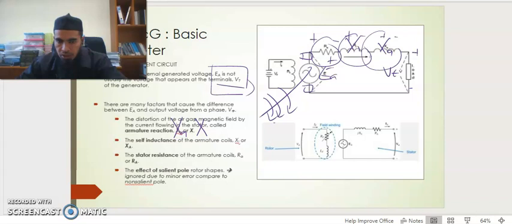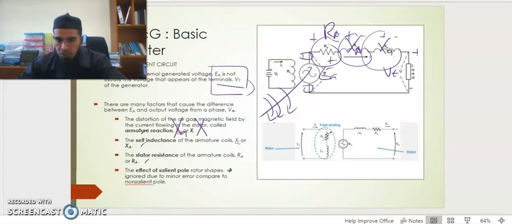And we have here the stator resistance of the armature, RA. So RA, XA, XA here: self inductance, stator resistance, armature reaction. And also the effect of the salient pole rotor shape.